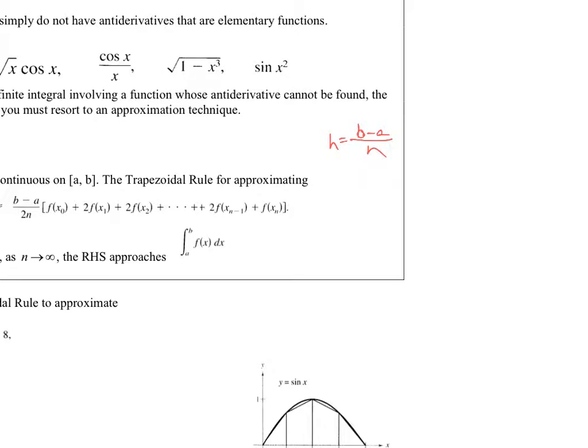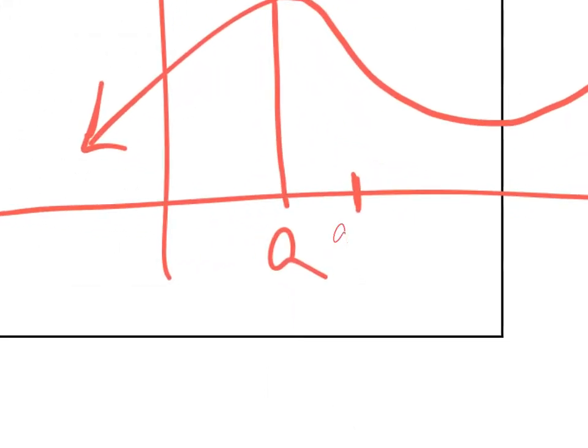Now, let's think about some random function here. And let's say that this is a and this is b. And actually, let me make this a little bit more drastic so the trapezoids are a little more defined. Okay? So let's say that that b minus a over n takes us to here. So that's a plus b minus a over n.